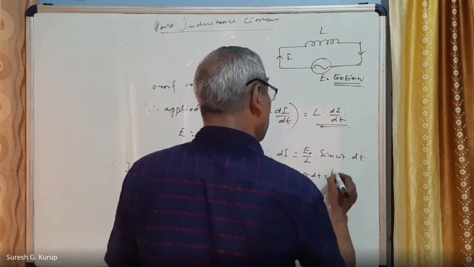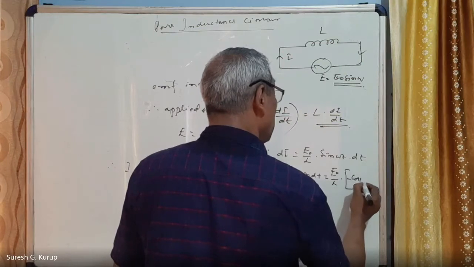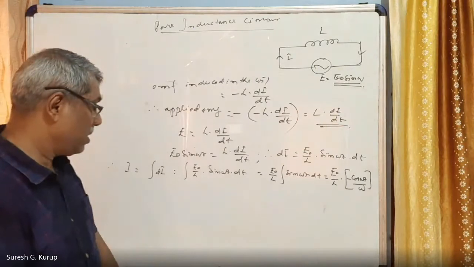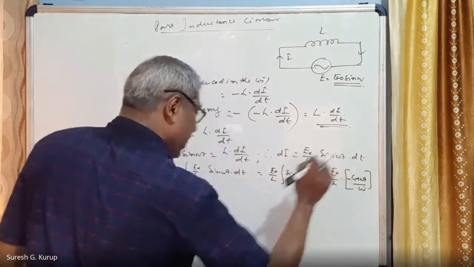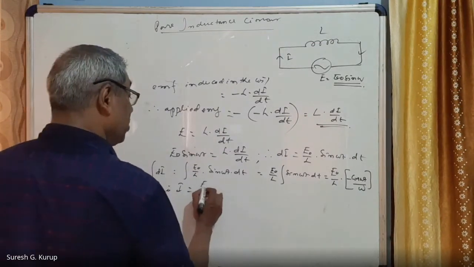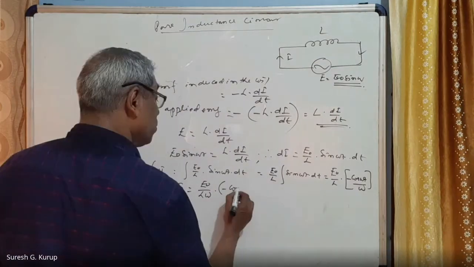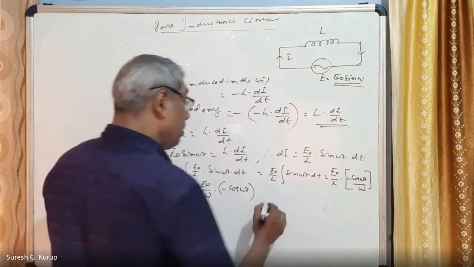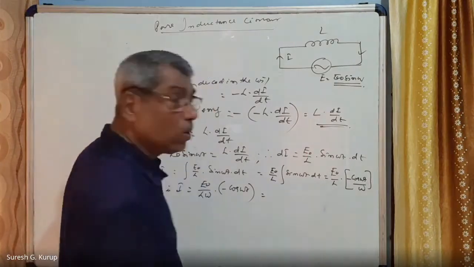This is equal to E0 by L into minus cos omega t, the whole divided by omega. Omega can be taken outside. That is, I is equal to E0 by L omega into minus cos omega t, or minus E0 by L omega cos omega t.